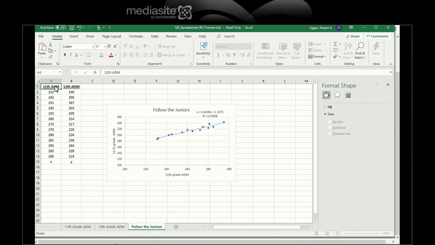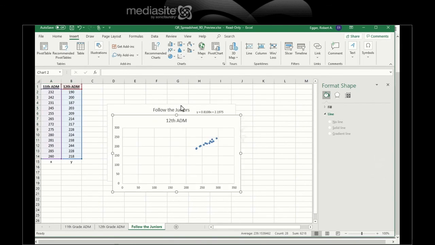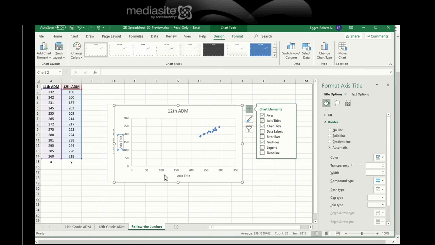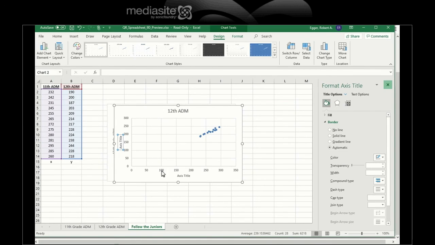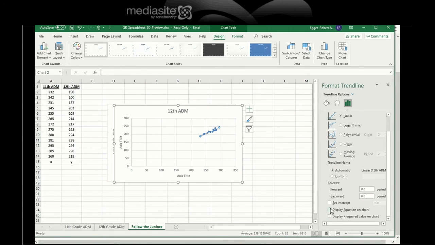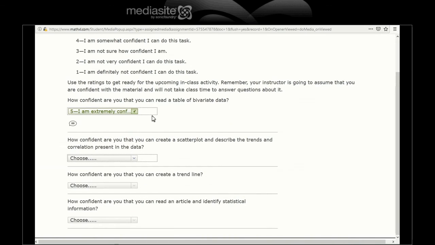All you need to do is highlight, insert what you want, a scatter plot, and then it's a matter of making it pretty, adding your titles, adjusting your axis size, adding a trend line, using more options, throwing in some equations and stuff. So don't be afraid to play with this.